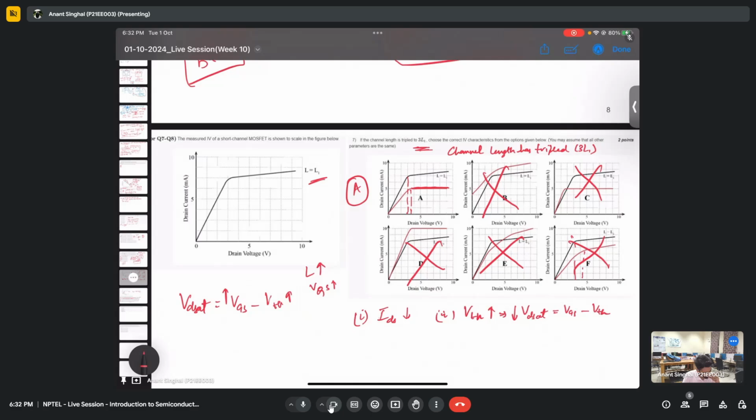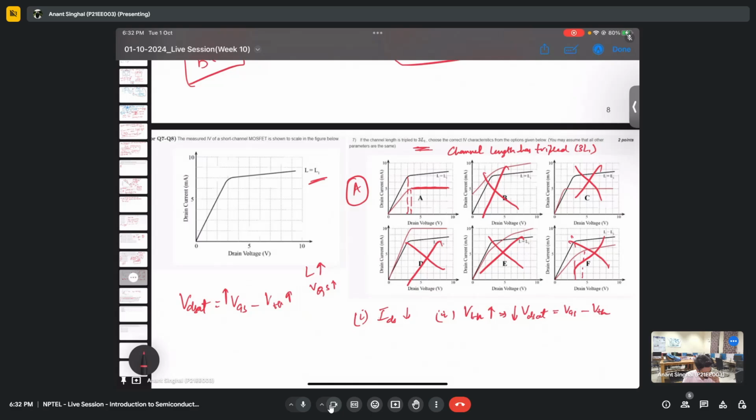Okay, so we'll surely discuss this in the next lecture. Let's not just leave it. I'll again take up this question and think more about why we have a larger VDS to saturate for the case when we have a long channel MOSFET.